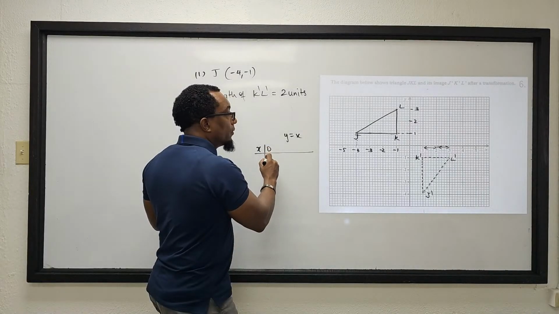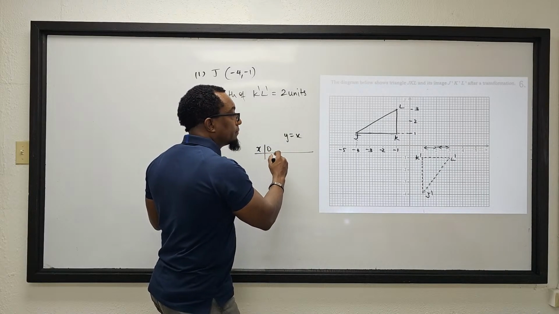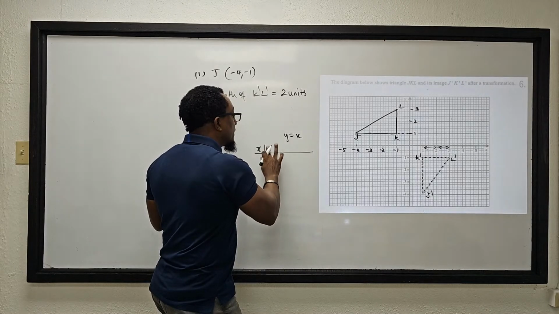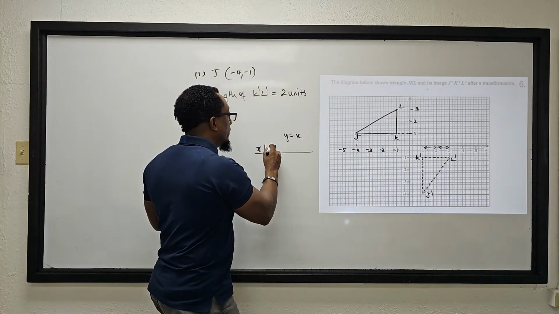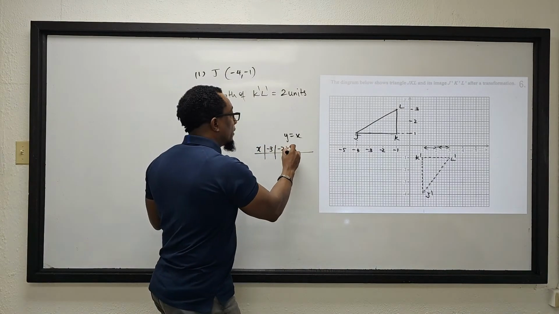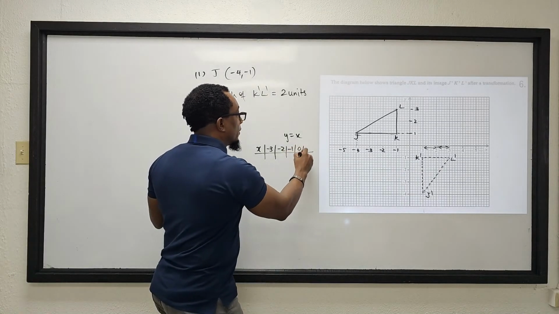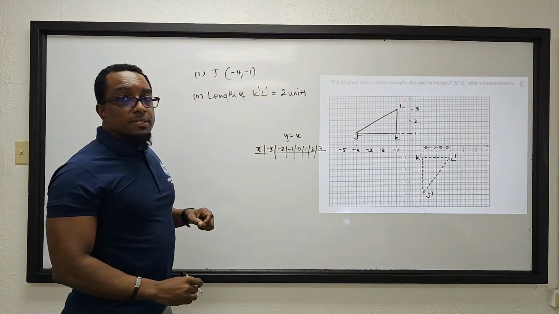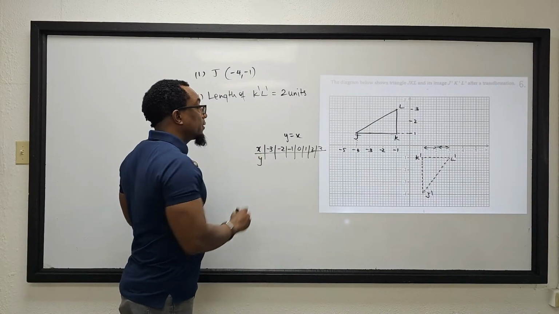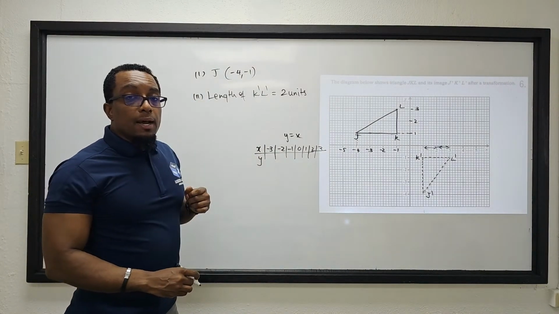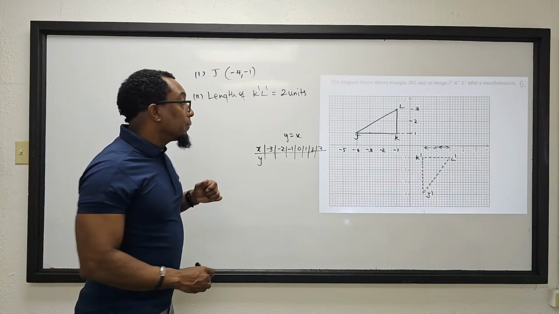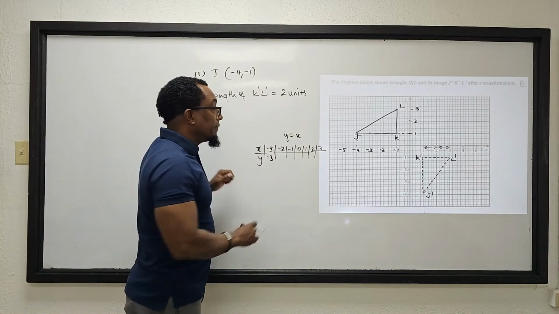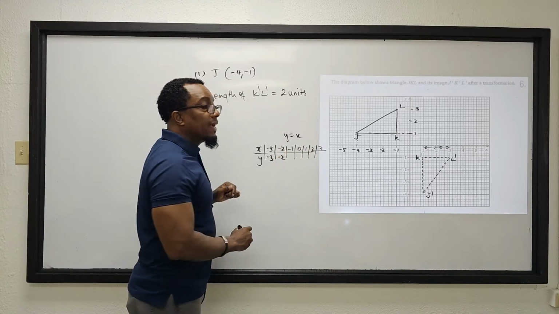Let's take some negative values: -3, -2, -1, 0, 1, 2, 3. So when x is negative 3 and I substitute it into the equation of the line y equal to x, y will be negative 3. If I replace x with negative 2, then y is negative 2.